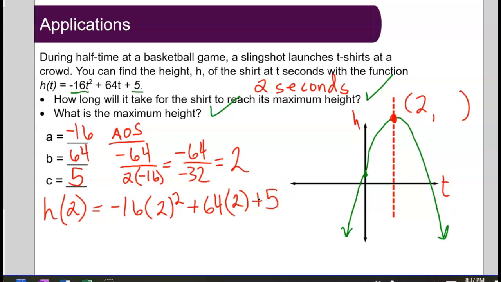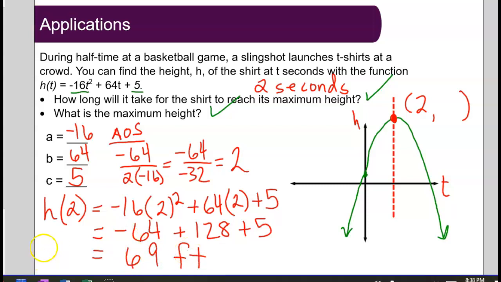Negative 16 times 4 is negative 64. 64 times 2 is 128, plus 5. Negative 64 plus 128 is positive 64. Positive 64 plus 5, 69 feet is the height at 2 seconds. And this is how we graph quadratic functions.